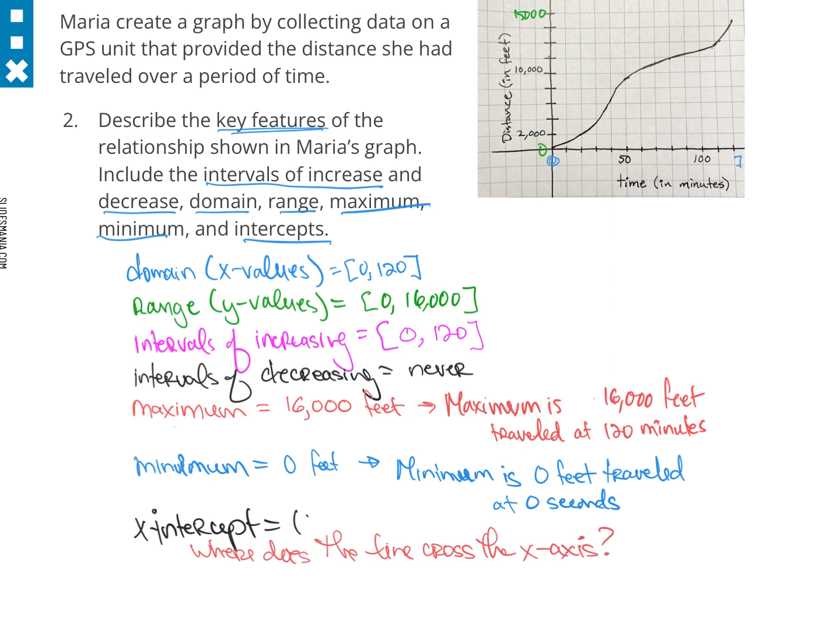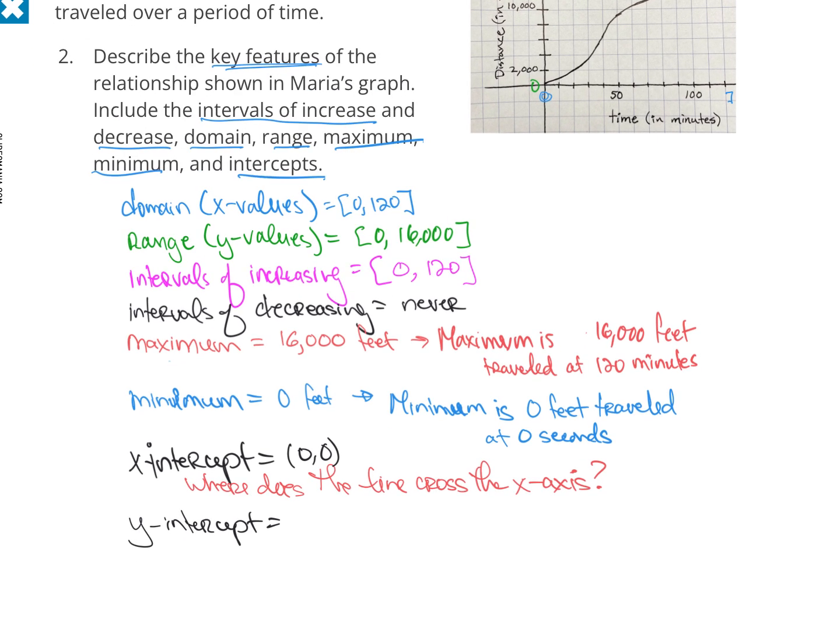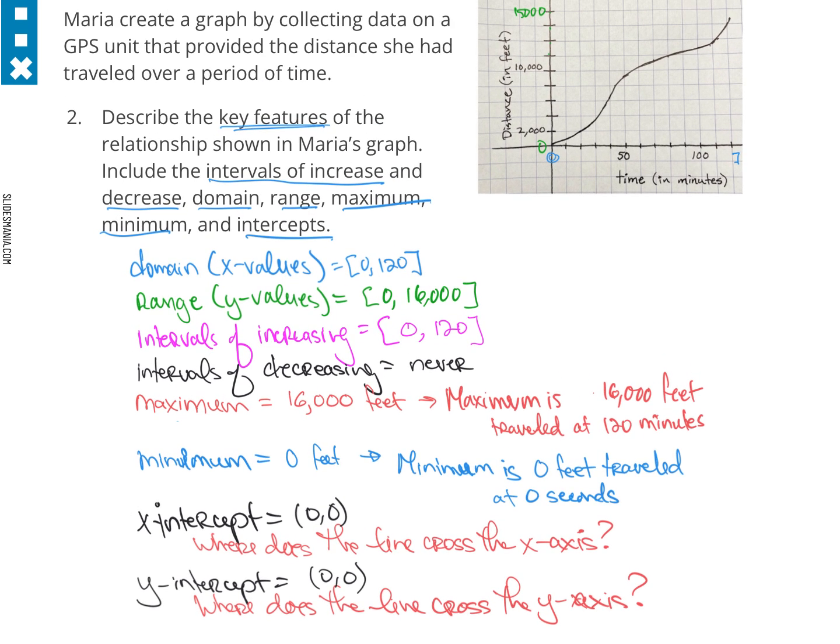Well, that's going to be at 0, 0. And then we can do the same thing for the y-intercept. Where does the line cross the y-axis? Well, that also happened to be at 0, 0. So these are key features of this graph.